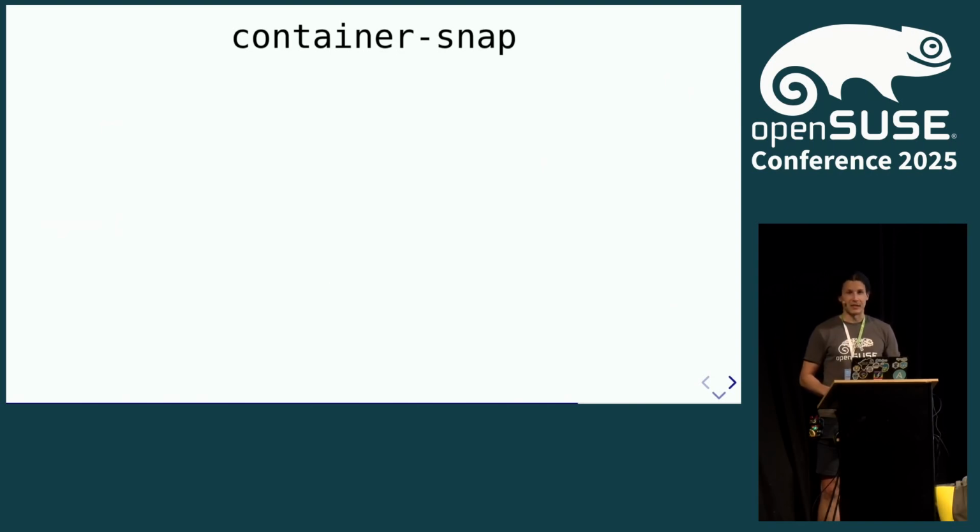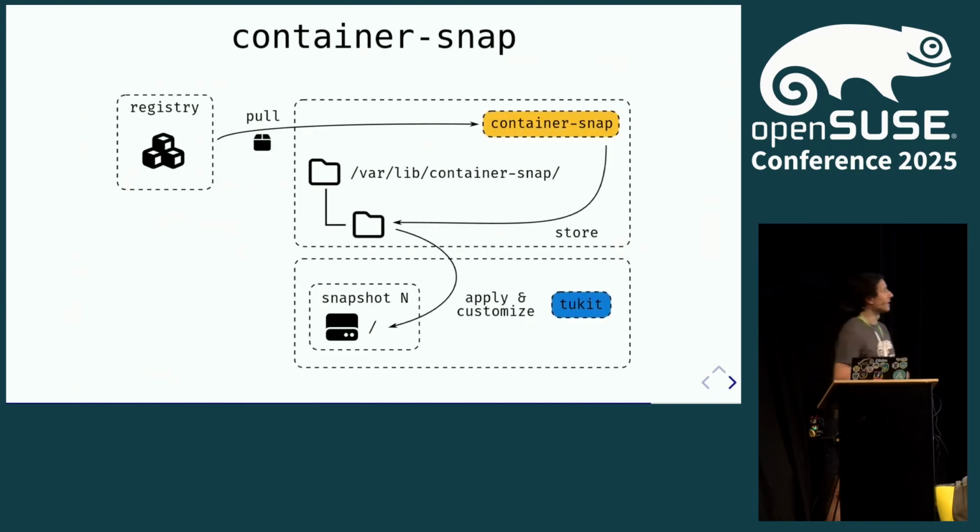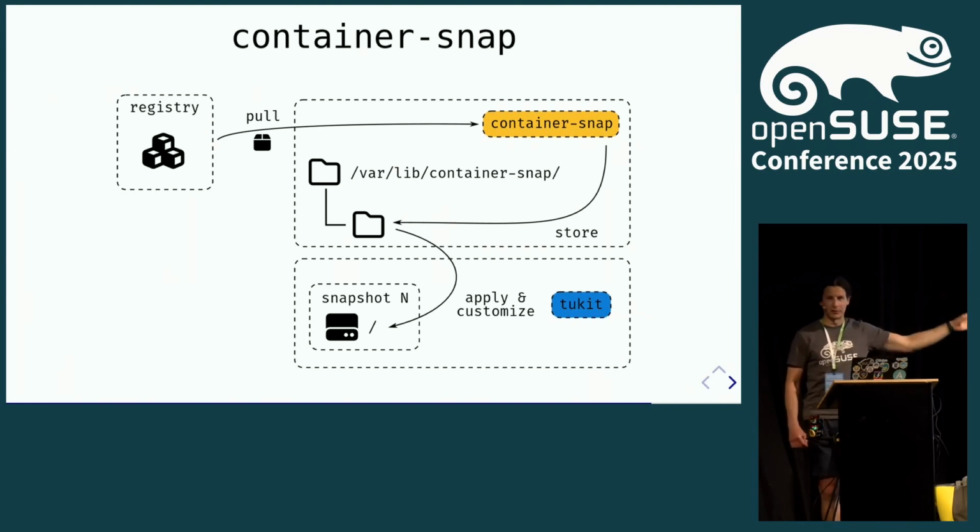It does literally that thing. So you have your container registry, there you put your operating system image, then Container Snap puts it in the Btrfs storage that's in var lib container snap.